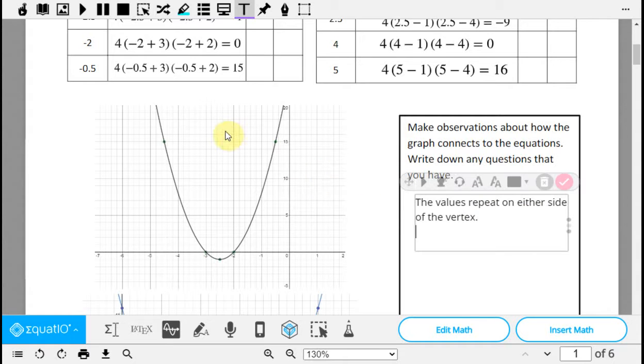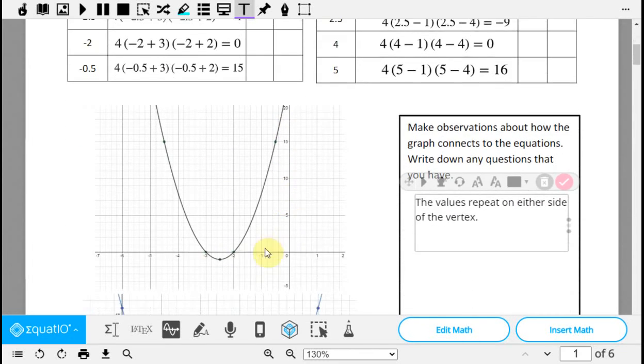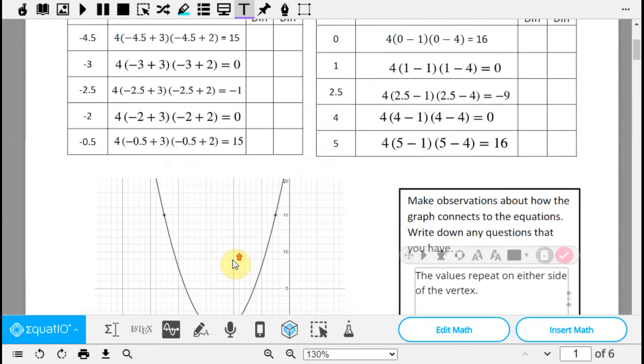Something else to note is that in the equation, we have this 3 and this 2. Notice that the parabola crosses the x-axis at -3 and -2. Also notice that we had that situation with -3 and -2 where the bracket went to 0, and that resulted in the value of the y being 0.